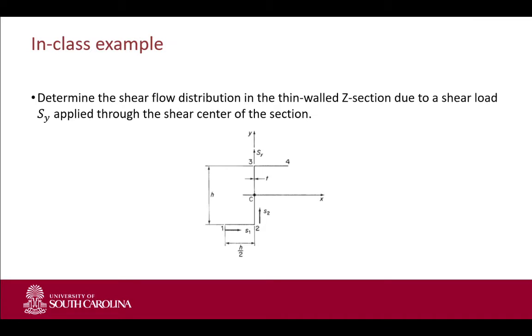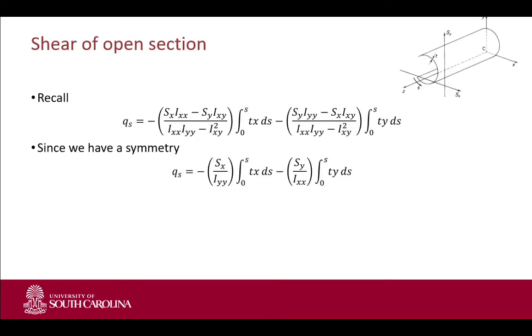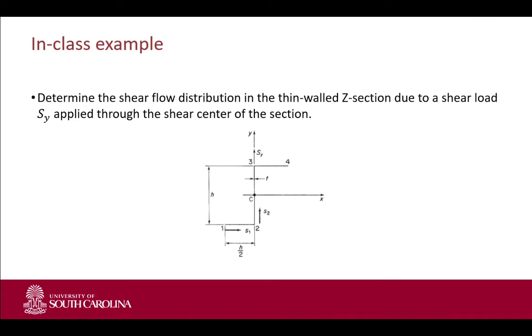So the key point was, how do we determine this? Sx is the shear force that's often given, and Iyy and Ixx are the moments of inertia, which are relatively easy to calculate. The difficulty lies in evaluating the integral of tx ds. So we multiply by the thickness of the section, and then we do the integral from 0 to s of x ds.